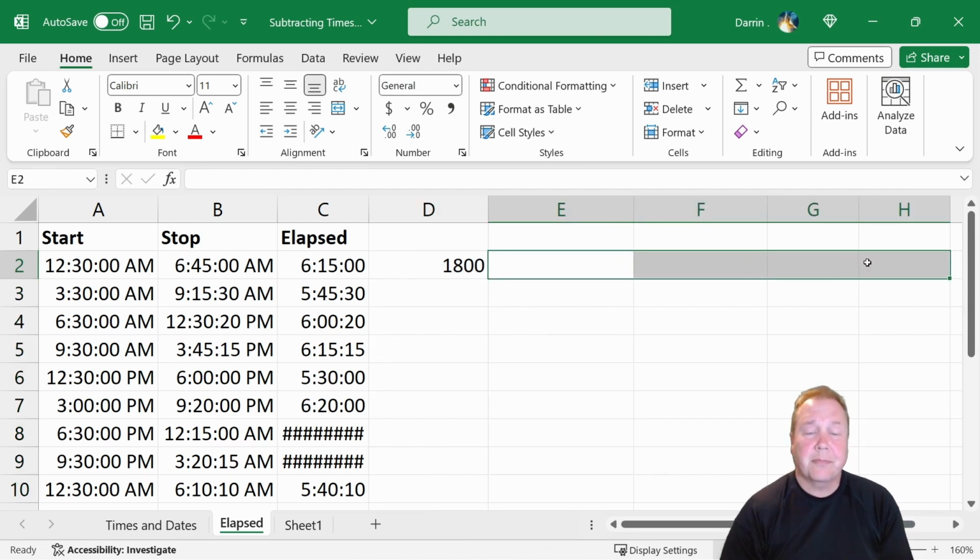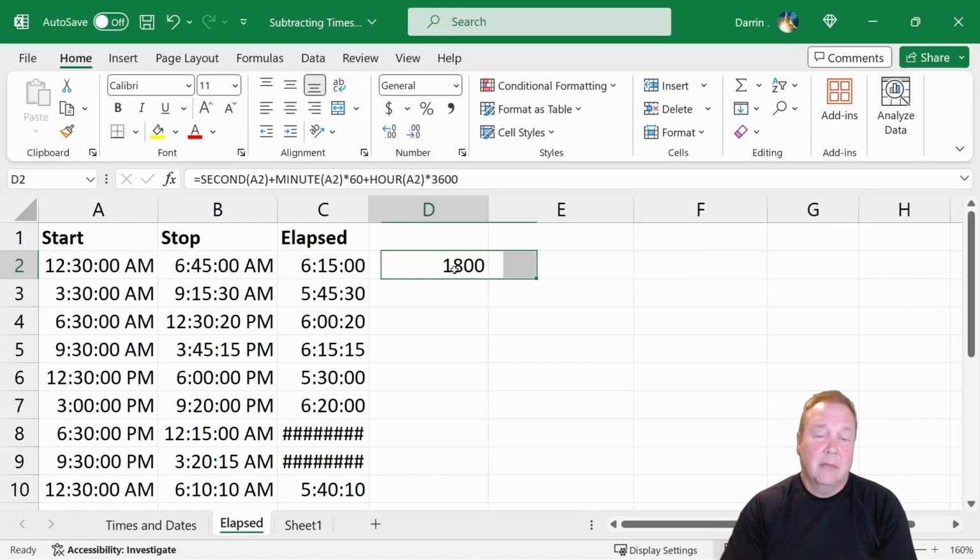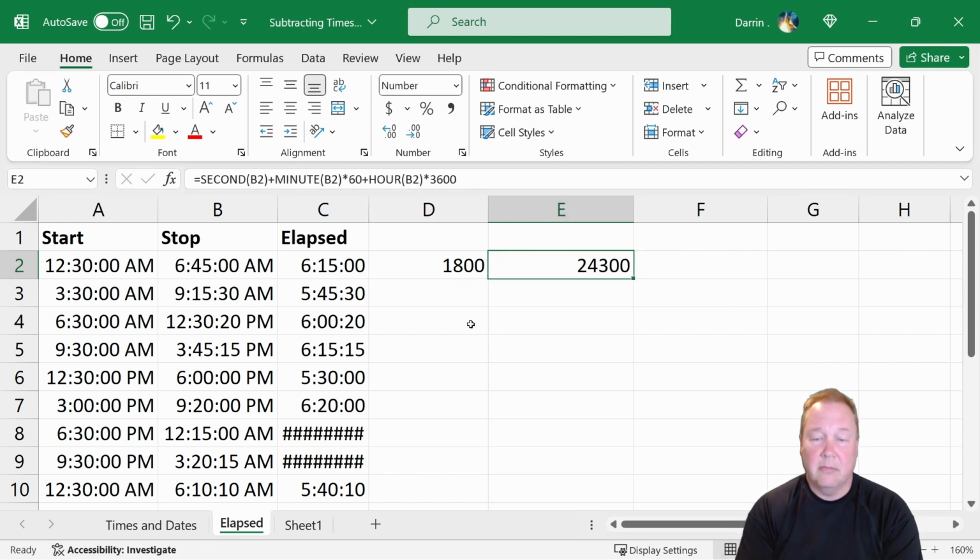Okay, so I know that 12:30 a.m. is 30 minutes, 30 times 60, 1,800 seconds. So that's 1,800 seconds from midnight. I can actually just copy this over here, and that gives me the seconds for the end time as well.